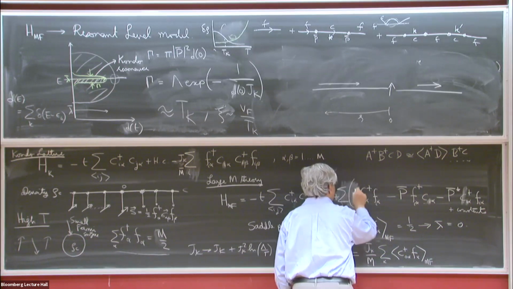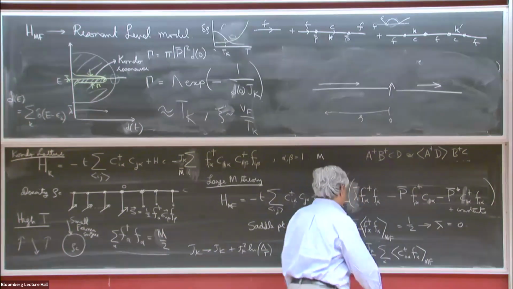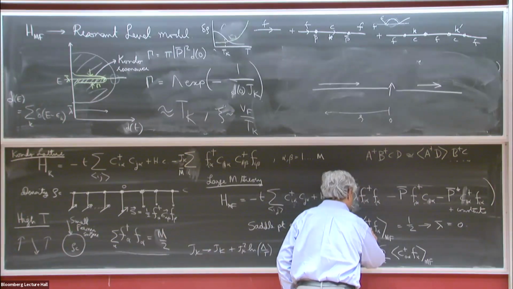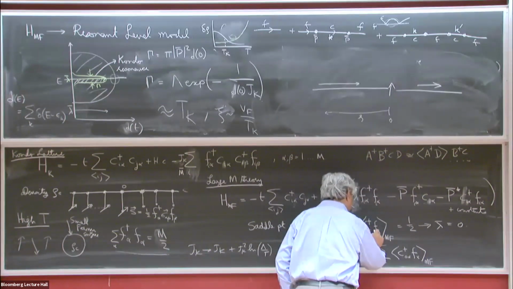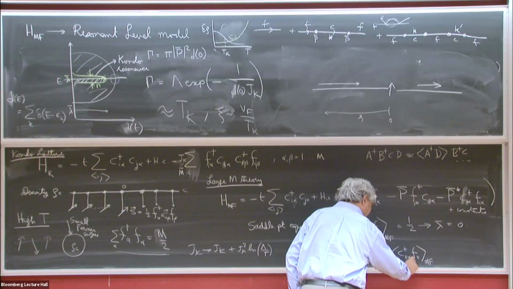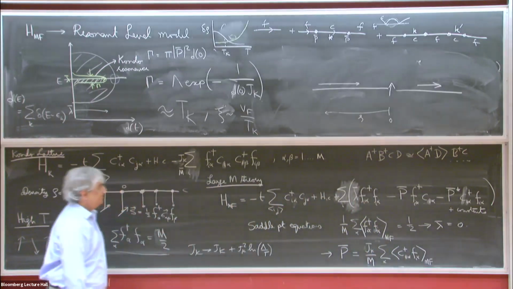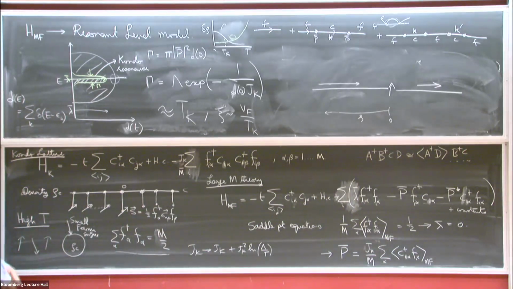This is still true. You take any site here. If no sum on i, and this is also true. Take the local expectation value, and this is p bar. That's it. Just by changing a few indices, it's exactly the same large N theory.